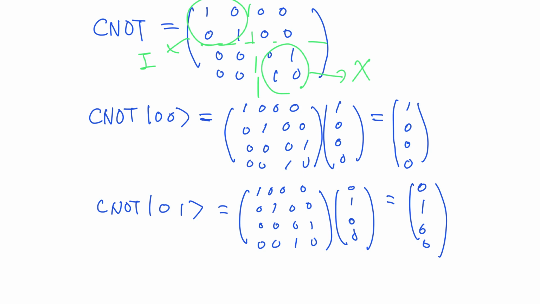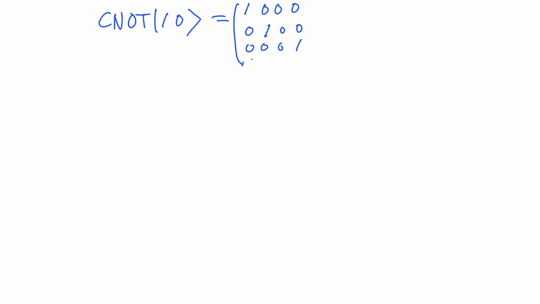Now, C naught 1 0. 0 0 1 0, right? Let's see what happens.